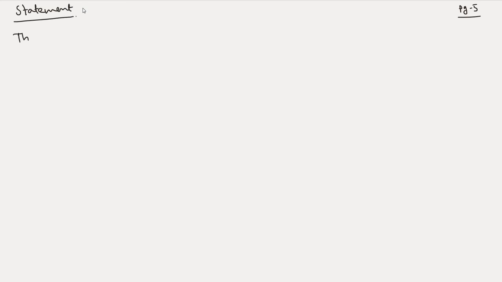Theorem, implicit function theorem. So we state the general version.